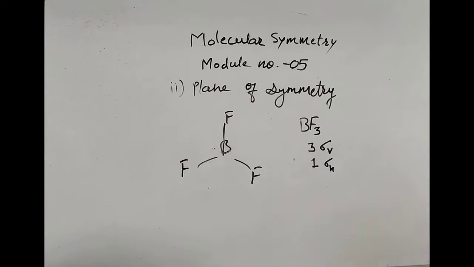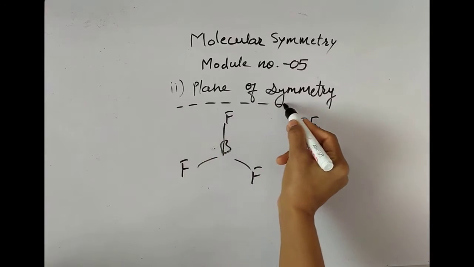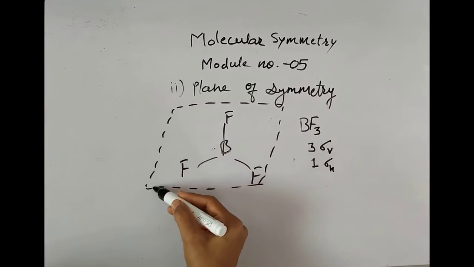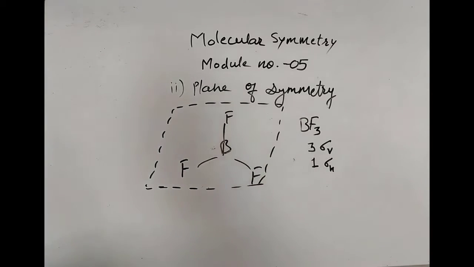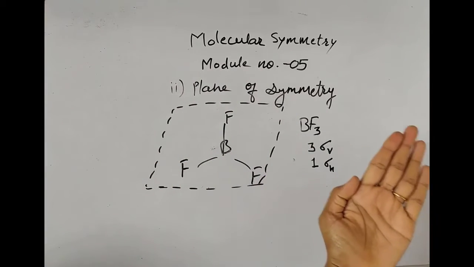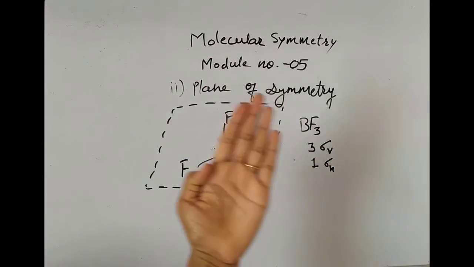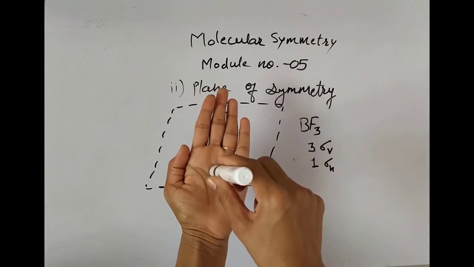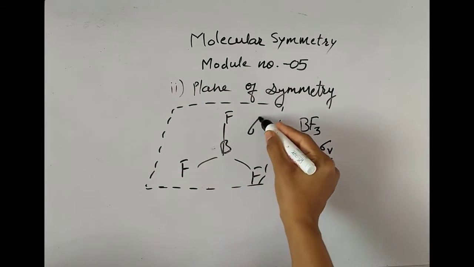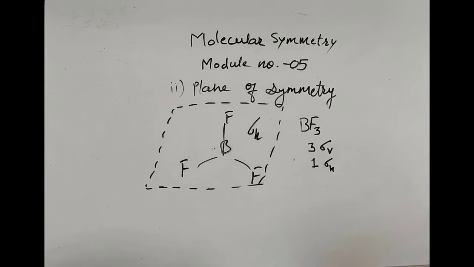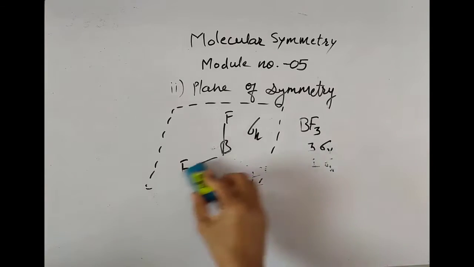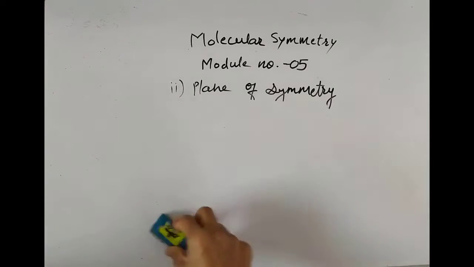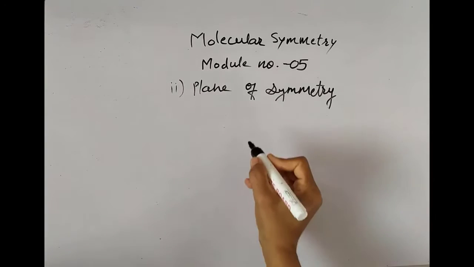The fourth plane we have seen is also called a molecular plane, because it cuts the whole molecule, all the atoms, in 2 equal halves. As this plane is perpendicular to the principal axis, we have called it sigma h. And at the last module I told you to find out the planes in the water molecule.